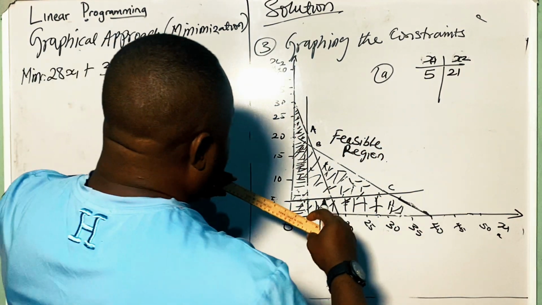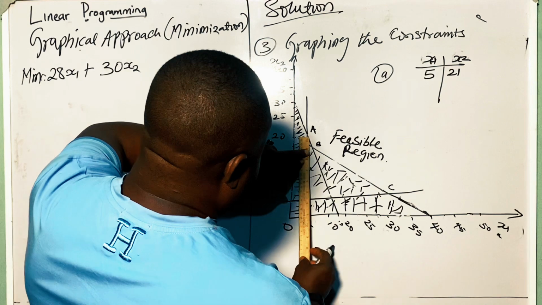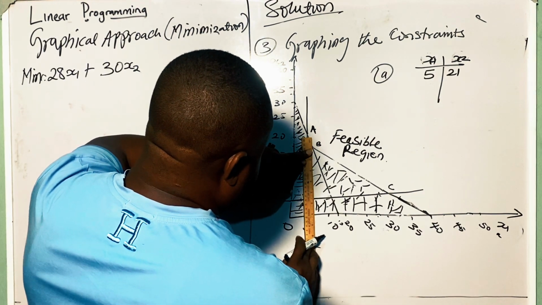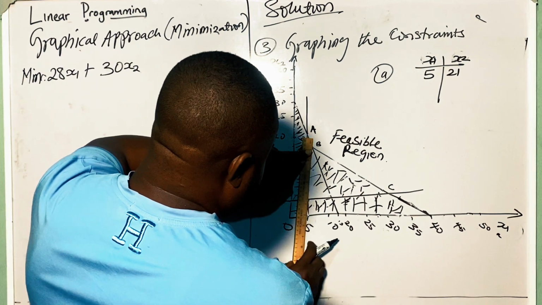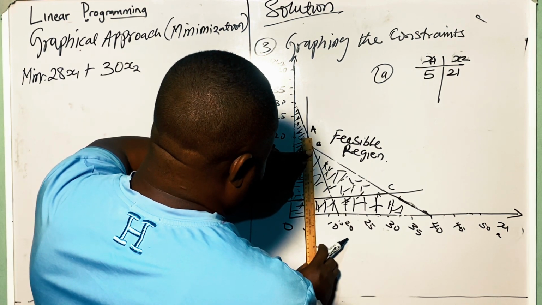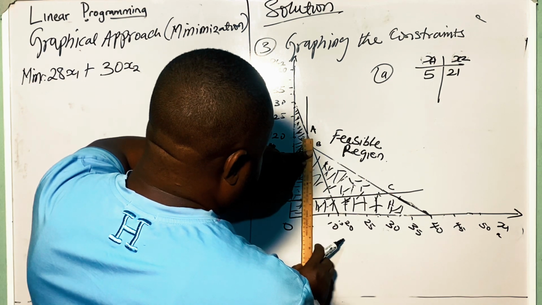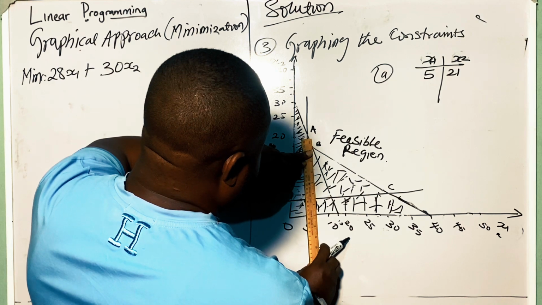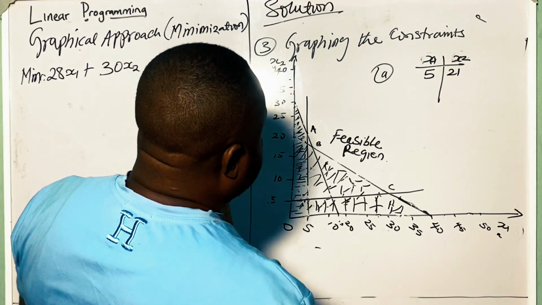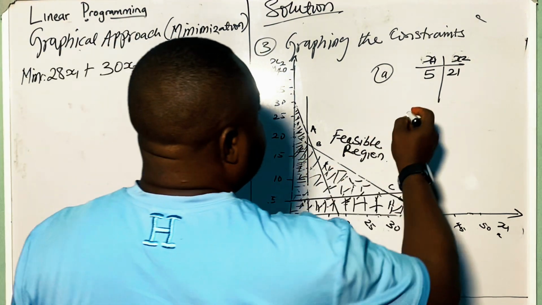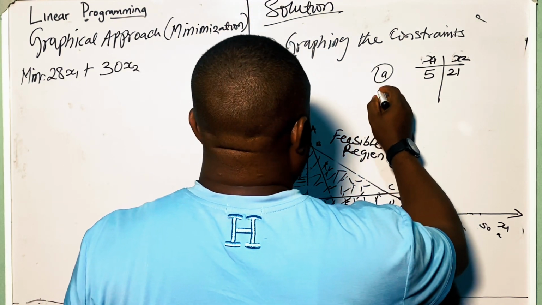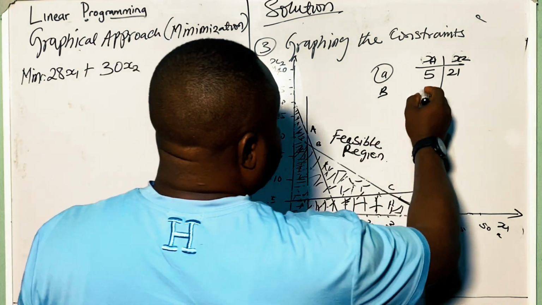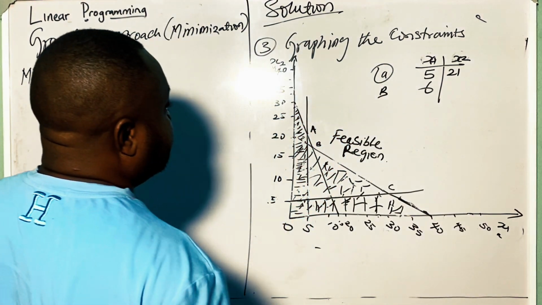Then at point B, which is this point, x1 is about 6.56, so x1 is just 6.